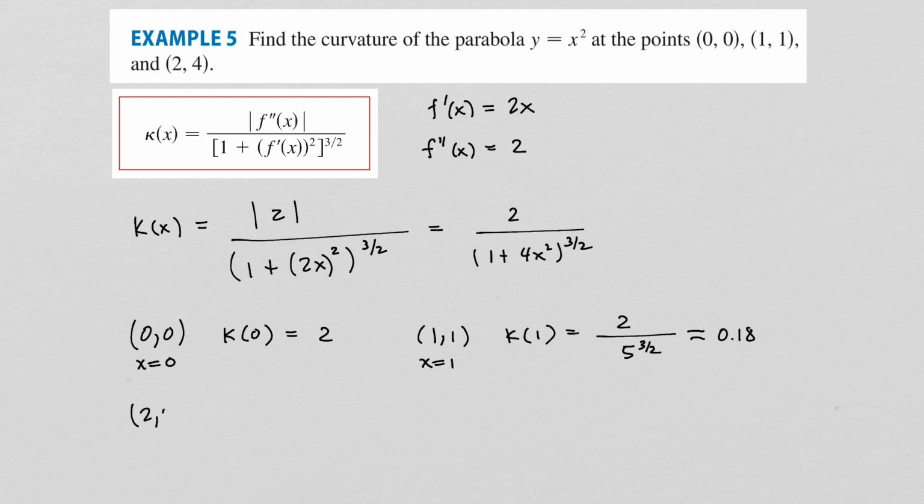And at 2, 4, which of course corresponds to x equals 2, the curvature at 2 is going to be 2 divided by 1 plus 4 times 2 squared, which is 16, to the 3/2. So this is 2 divided by 17 to the 3/2, and this is approximately 0.03.